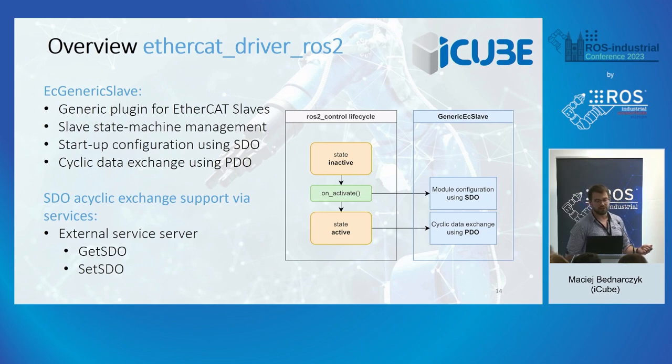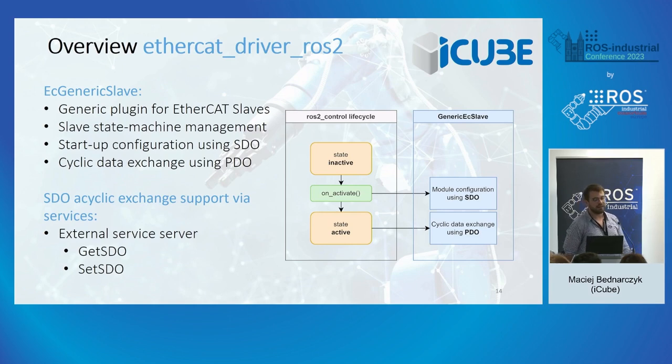So in our current architecture, for example, the configuration is done every time we do the activation of the hardware using the lifecycle management of ROS2 control. And then when the system state is in active mode, we trigger the PDO data exchange with the system, which allows us to get the data on the fly and then bind these PDO data into ROS control directly.